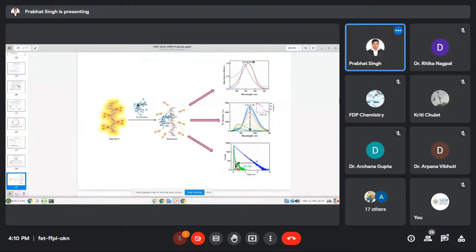In that process it will bind competitively and knock the dye out of the system. Once the dye is knocked out, the glow has gone. That means the emission is decreased. This has been shown here in this particular form. Once we had the complex and started adding protamine, the intensity decreases. So it basically signifies this kind of situation happening.